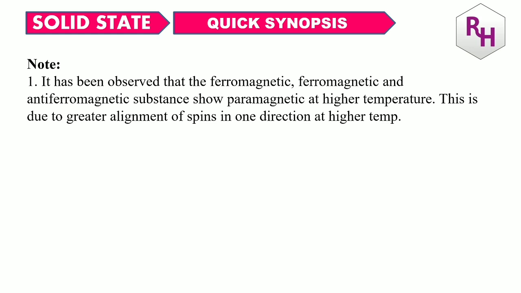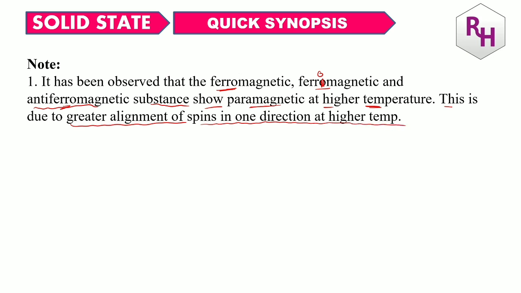In this case, it has been observed that ferromagnetic, here it should be ferrimagnetic and antiferromagnetic substances show paramagnetic behavior at higher temperature, due to the greater alignment of spins in one direction at higher temperature.